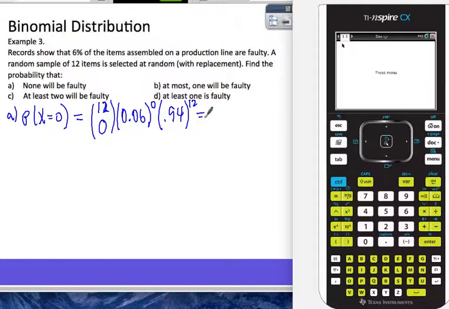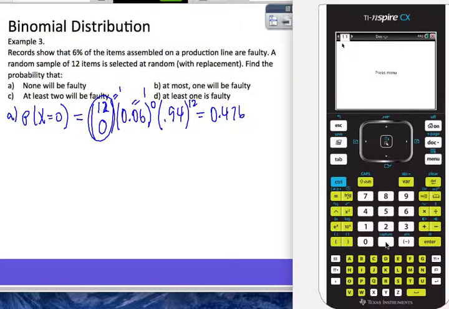So if you punch those numbers in your calculator, obviously 12C0, the first value is 1. 0.06 to the 0 equals 1. So really this equation boils down to 0.94 to the 12, which has a value of 0.476.